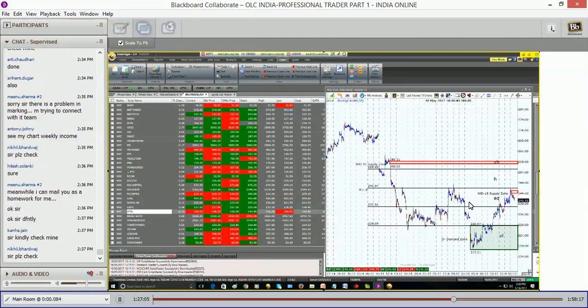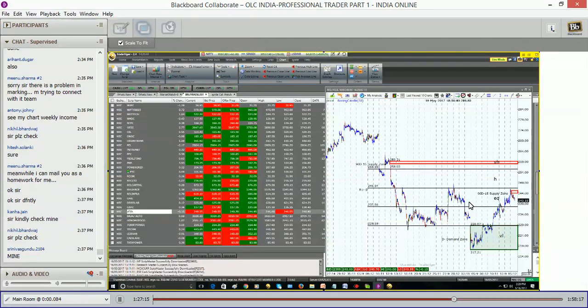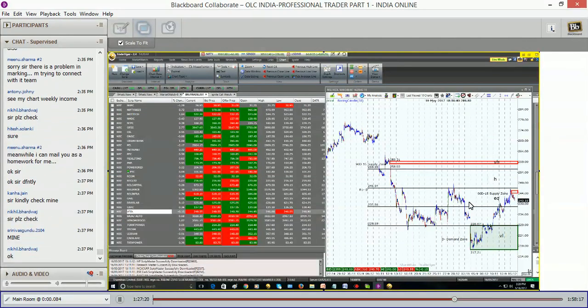Because the weekly zone that you have marked is tested, my friend. This one from 449 to 474 is tested. So we are looking only for fresh zones, that is untested.